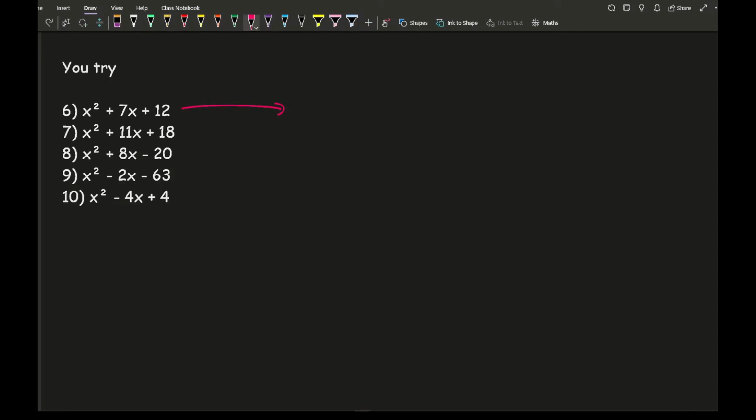For question 6, you should have x plus 3 and x plus 4. And again, if you've got the 3 and the 4, and let's say x plus 4 first, that's still going to be correct. So that's absolutely fine. For question 7, you should have x plus 9, x plus 2. For question 8, you should have x, and looking at the numbers, you should have 10 and 2, and we're looking at positive 10 and minus 2.